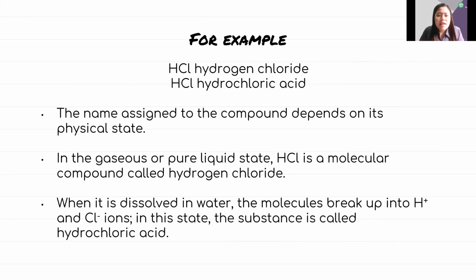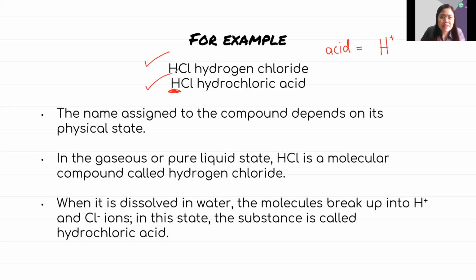So, mo na nga, pag ibutang maguna siya sa water, it will release the hydrogen. And then remember, ang definition nato sa acid, it will give us hydrogen ion if dissolved sa water. So, this is a correct name, hydrogen chloride. But this is also a correct name, hydrochloric acid.